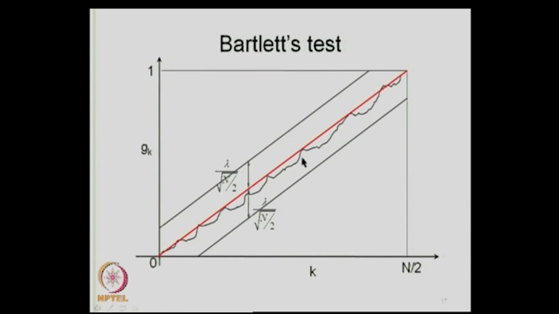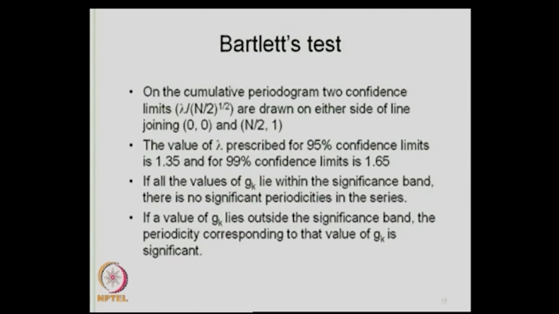It means that if it was beyond the band at a particular k value, the periodicity corresponding to that k value in the residual series is significant. If the periodogram completely lies within this band, then it is not significant. This is how we examine the significance of the periodicities.